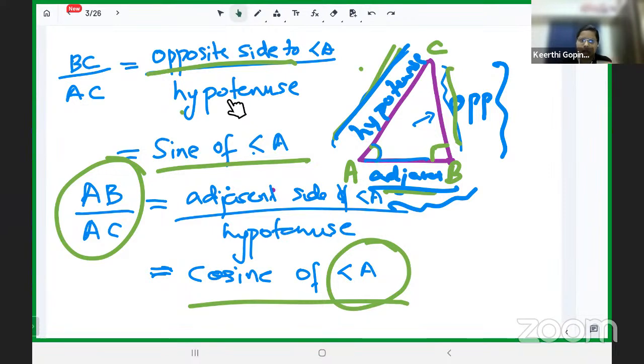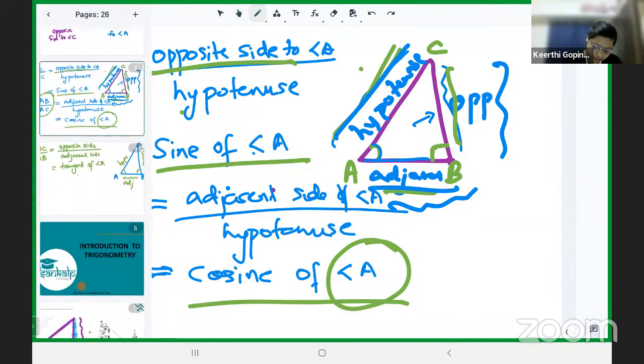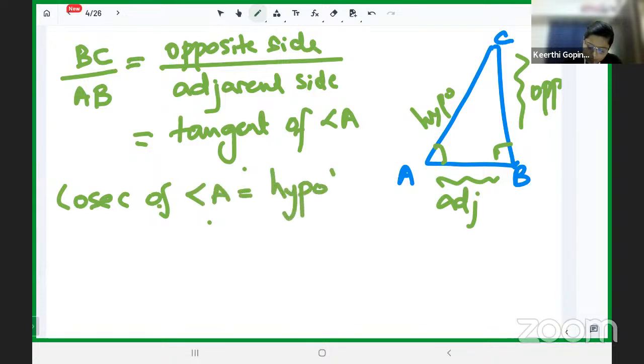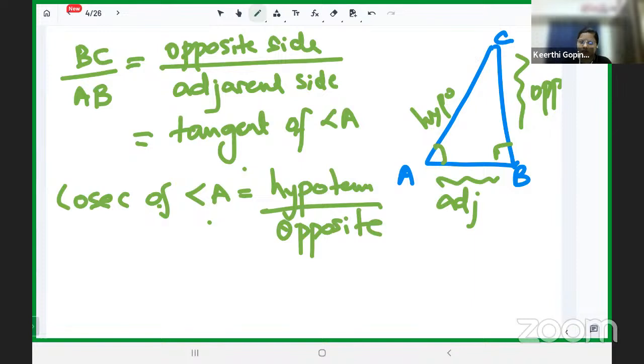It is called cosec of angle A, that is hypotenuse by opposite side.